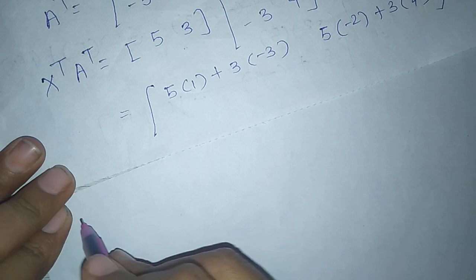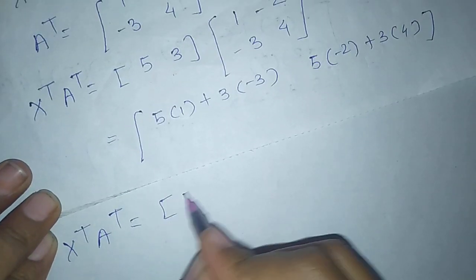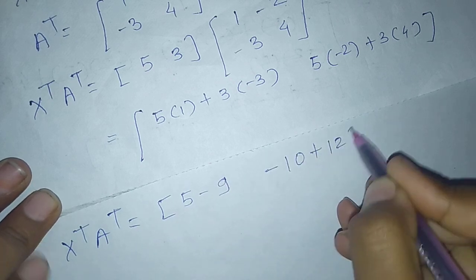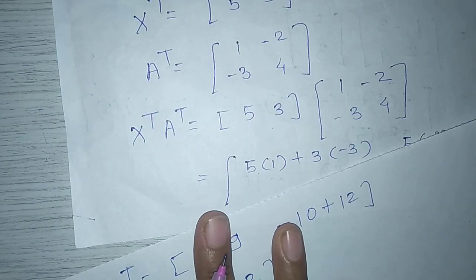Next x transpose into A transpose equal to 5 minus 9, minus 10 plus 12 equal to minus 4, 2. We get minus 4, 2.